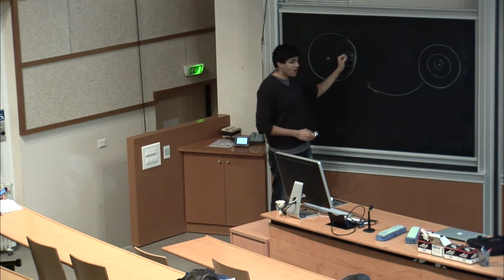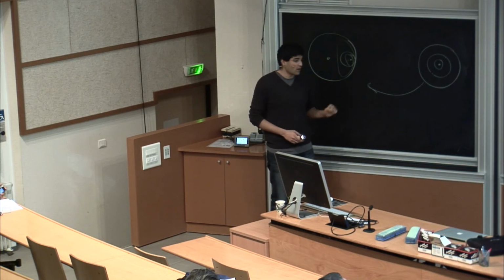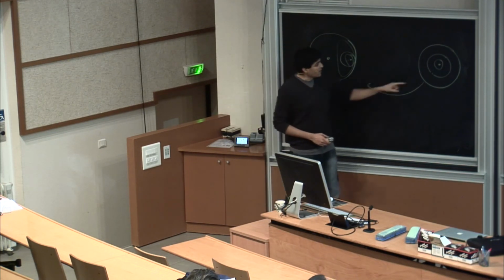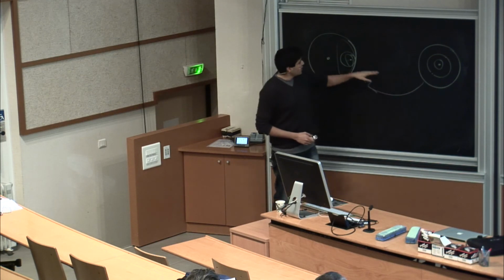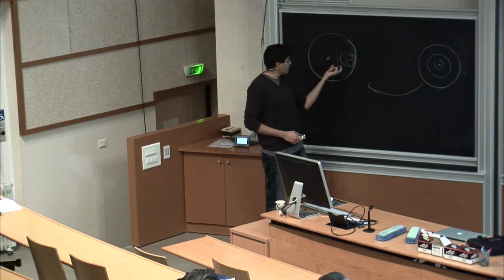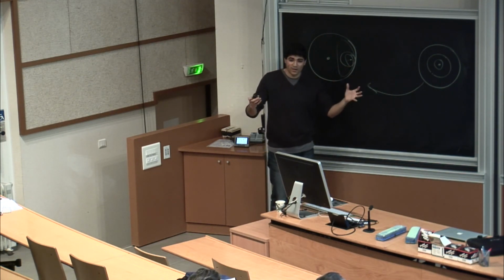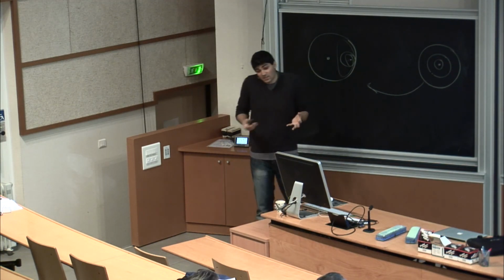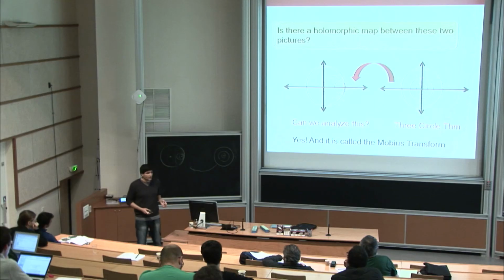It needs to be small enough that it fits inside the other one, even though it's now an ellipse. And how large does this need to be? It needs to be exactly whatever it is so that this ellipsoid, as you deform it, hits the origin. So there's an explicit calculation you can do because a Mobius transform is a simple function to write down, which you would just plug in and figure out what the value should be for that.